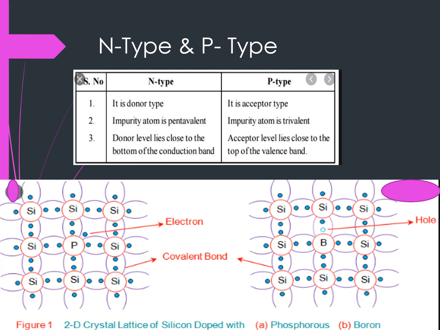Whereas for p-type, the majority carrier will be hole and the minority carrier will be electrons. Next is the energy level. The donor level lies very close to the conduction band, and the acceptor level lies very close to the valence band.